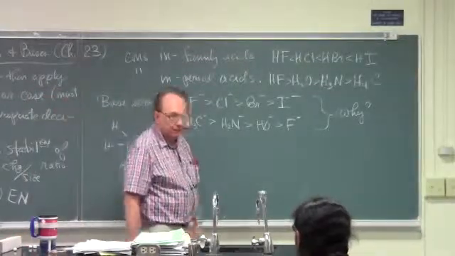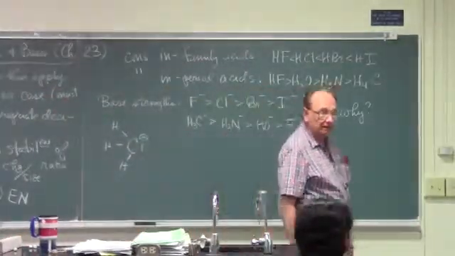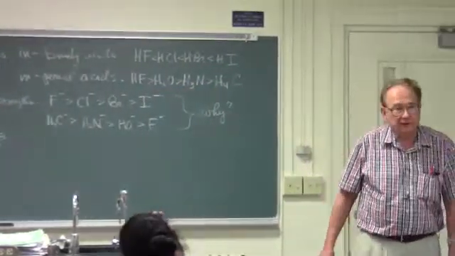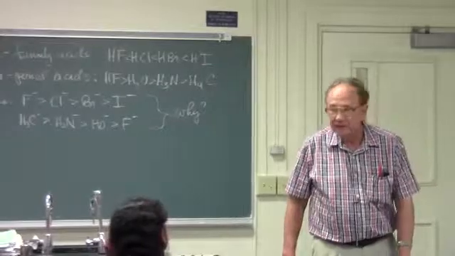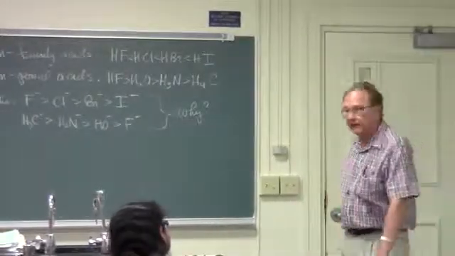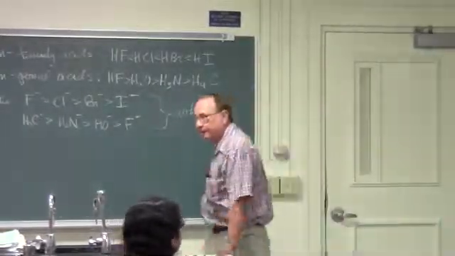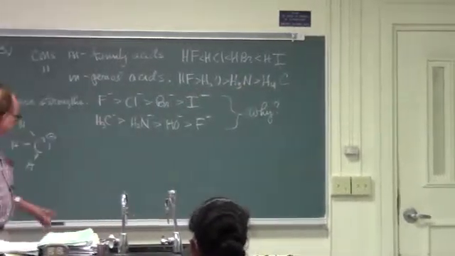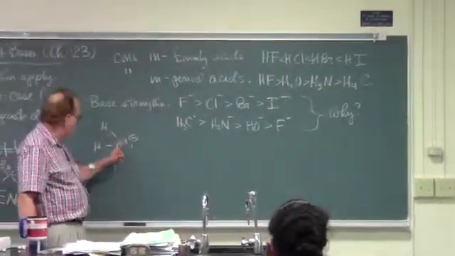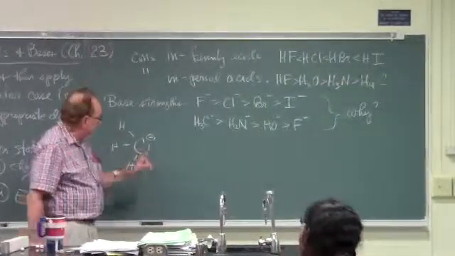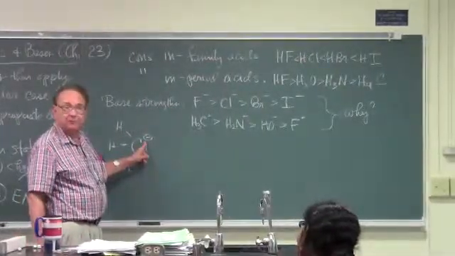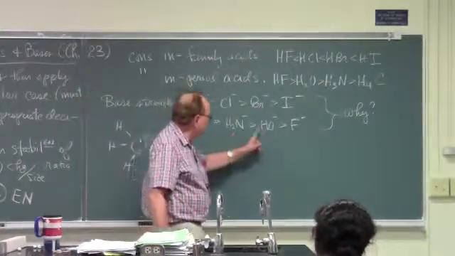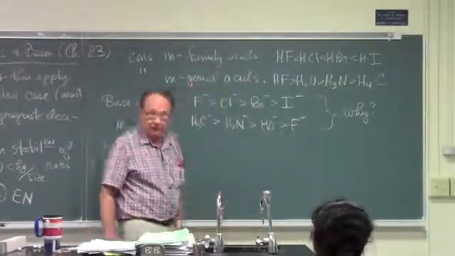Pretty close. Tell me more. 0.4 difference. Which atom is of the greater electronegativity? Carbon. Carbon, electronegativity 2.5, hydrogen 2.1. So I don't expect any inductive stabilization of this negative charge density at all by hydrogen. The negative charge density is principally centered on carbon. Here on nitrogen, here on oxygen, and obviously on fluorine.